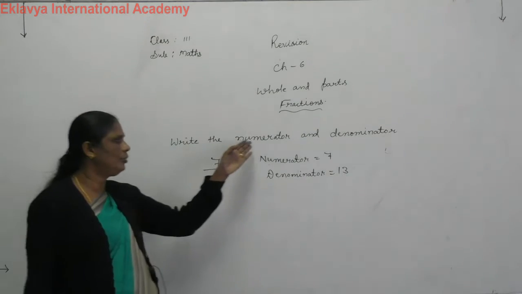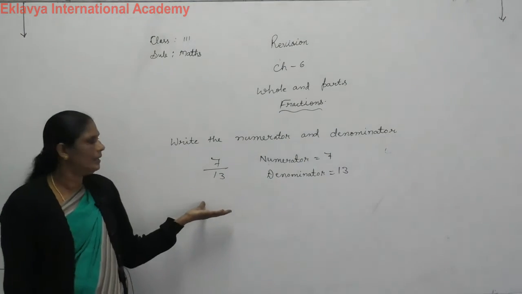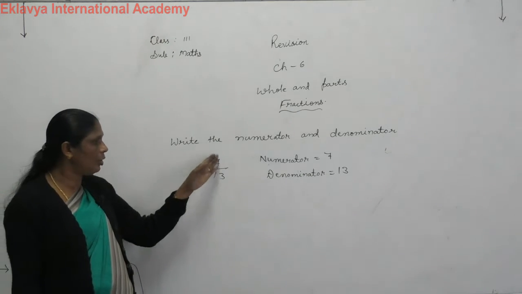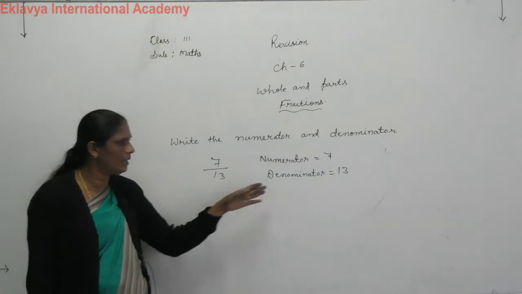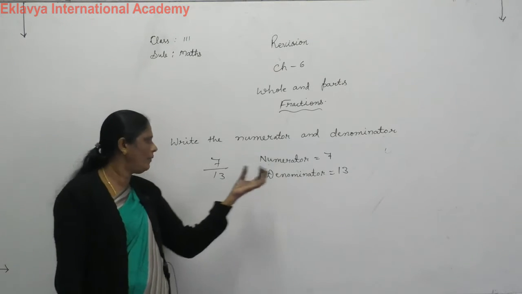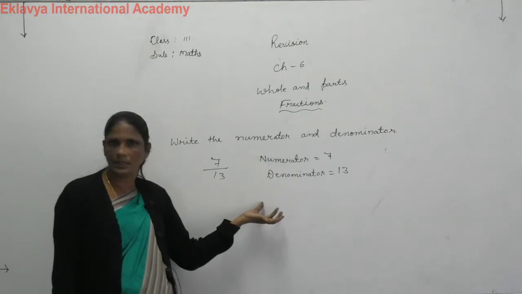Write the numerator and denominator of the fraction. Then our answer: the number above the line is called the numerator, below the line is called the denominator. Our numerator is 7. Our denominator is 13.